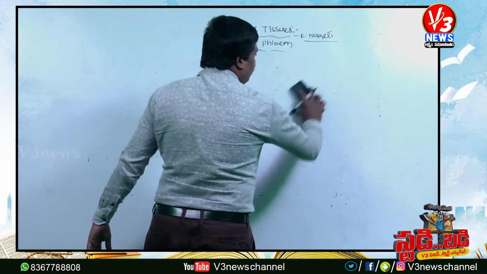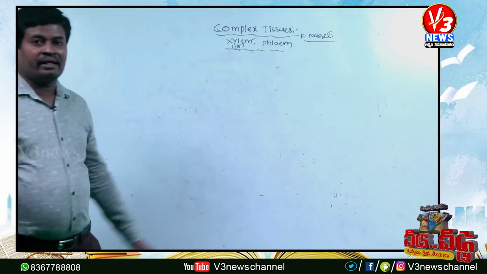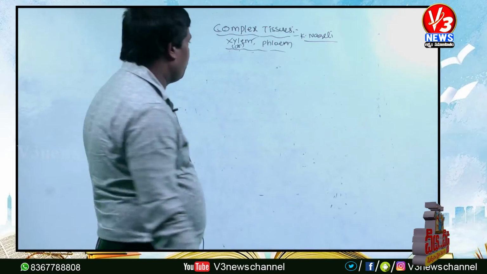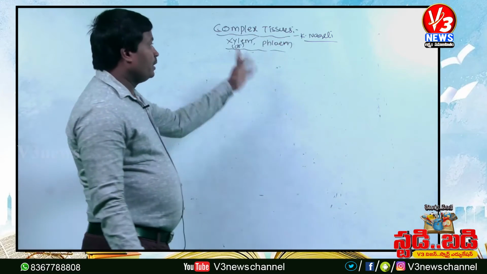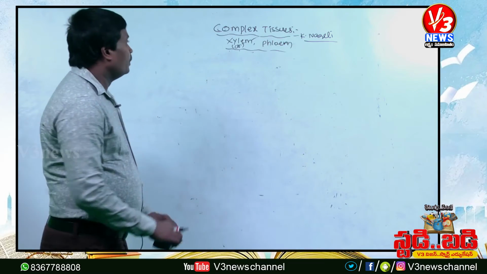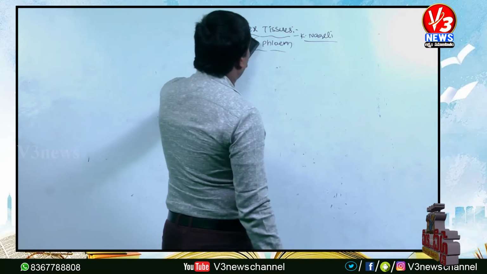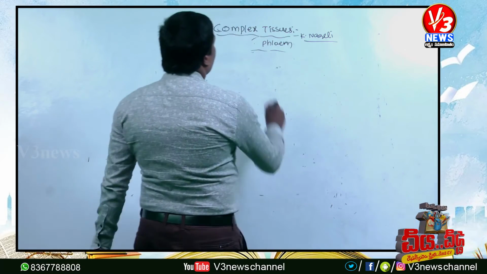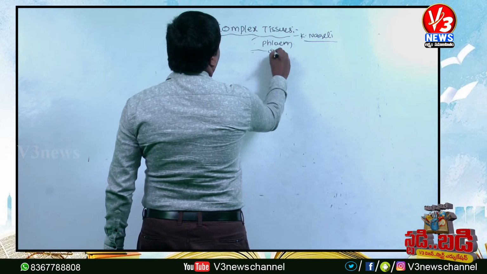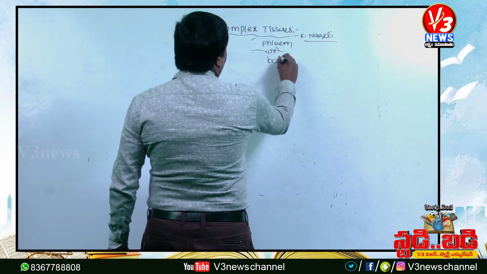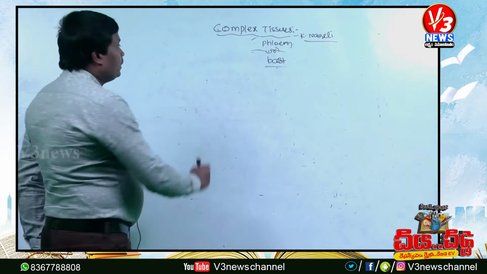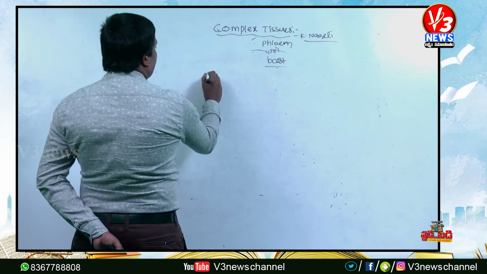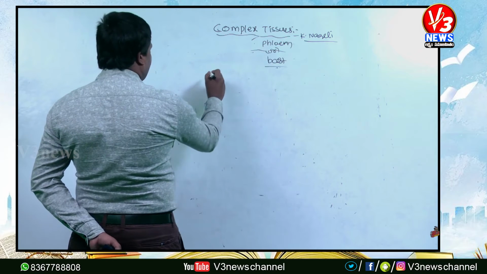Xylem and phloem together are known as vascular tissue, which is also called conducting tissue. The next type of complex tissue is phloem, which is also called bast.